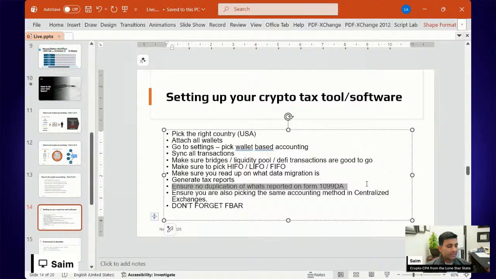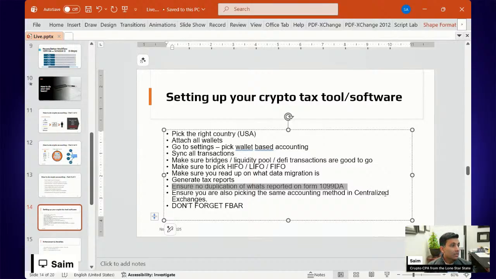I will repeat this again: if you have been doing your own crypto taxes using third-party crypto tax tools and you're pretty good at this, make sure that this year, with your centralized exchanges connected to your third-party crypto tax tools, which you should have, you're not duplicating the data that shows up in the tax reports you would normally plug in, because now that data will have the 1099-DA data as well. So you're going to take part of that data out and report that, and then you'll report the 1099-DA, and that combined will be your full crypto tax data for the year.